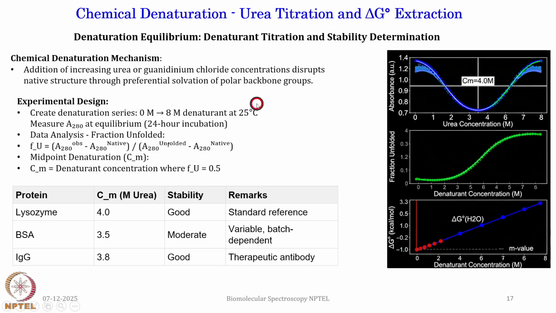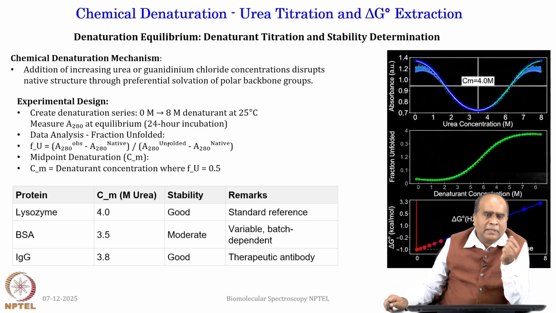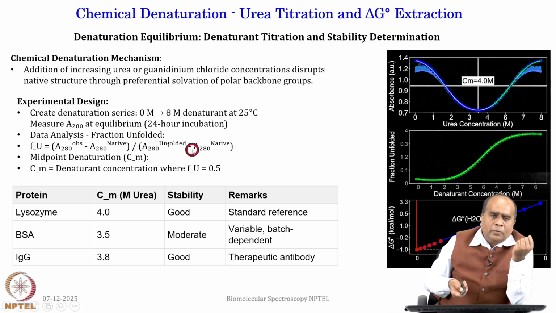So, this is the experiment: we are creating a denaturation series, 0 molar to 8 molar, at 25 degrees, and we are measuring the absorption after 24 hours. It is an equilibrium experiment, we are making 8, 10, 12 samples between 0 and 8 molar urea.